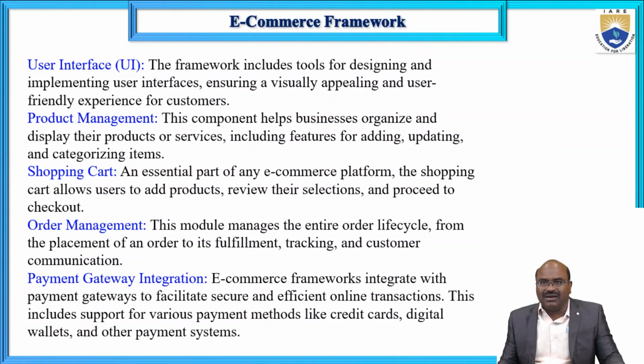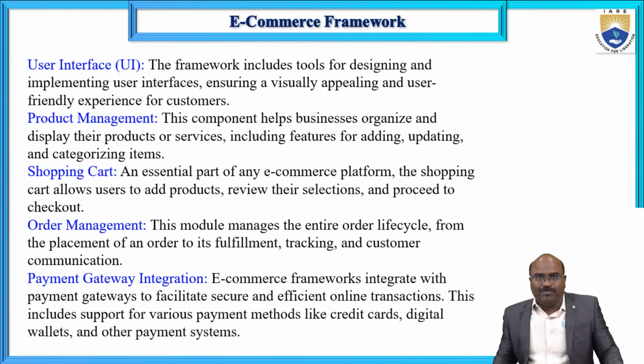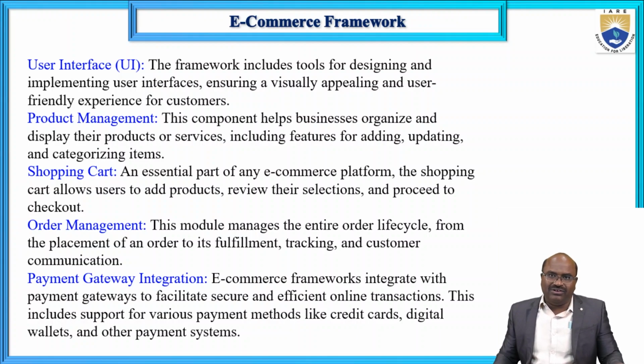Then, paying online, the order will be booked. You will trace the status of your delivery. What about the tracking? Based on the tracking ID, until it reaches the receiver, all of that is called the order management system.